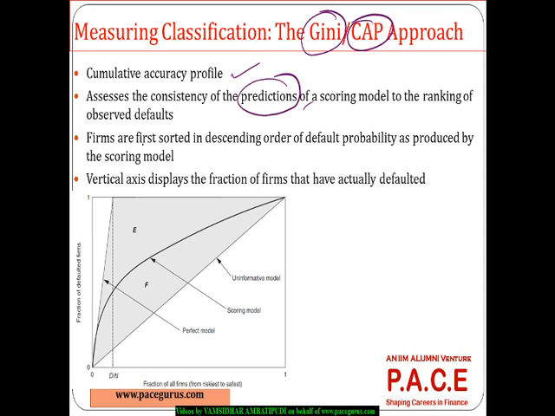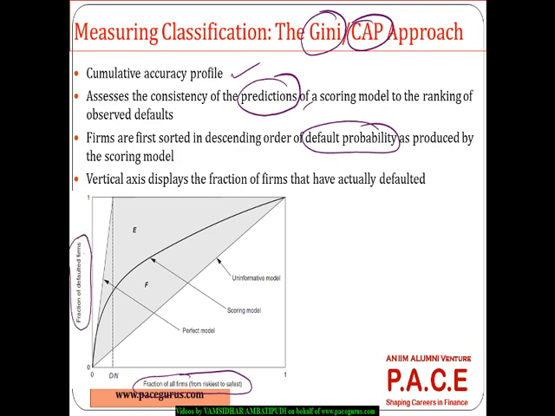What we typically are doing is we are sorting the firms, right, in terms of the default probability that is produced by your scoring model. Whatever is the probability of default that your scoring model has produced, we are simply sorting the firms in the descending order. So we are talking about the fraction of all the firms and the fraction of the defaulted firms.